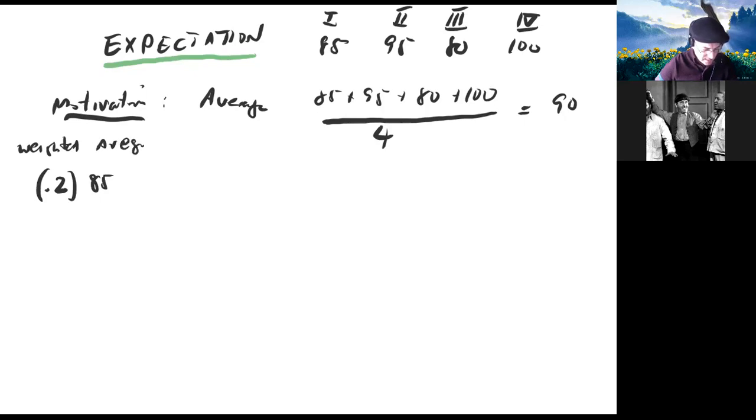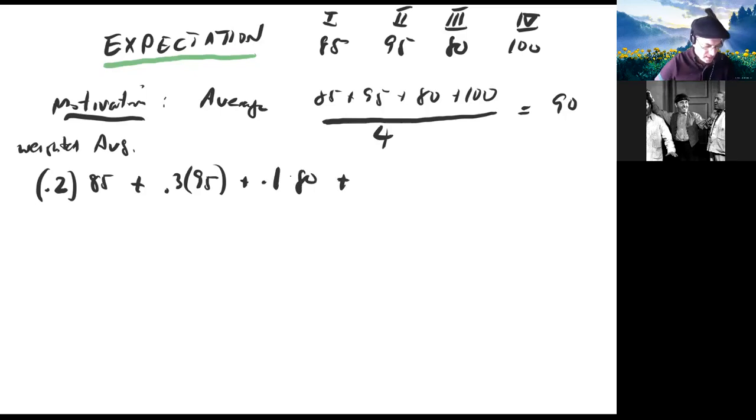And maybe I want the second exam to be worth more. Maybe I want it to be worth 30% of your grade. So that would be 0.3 times 95. And then maybe I want the third exam to be worth just 10% of your grade. So I take 0.1 times 80.